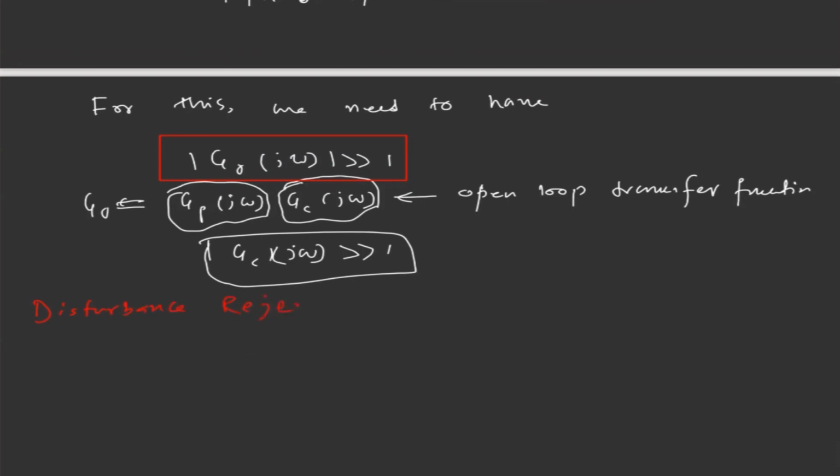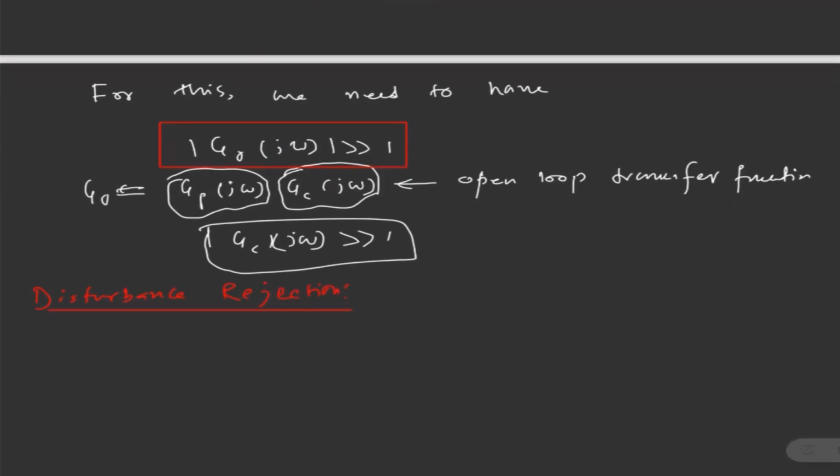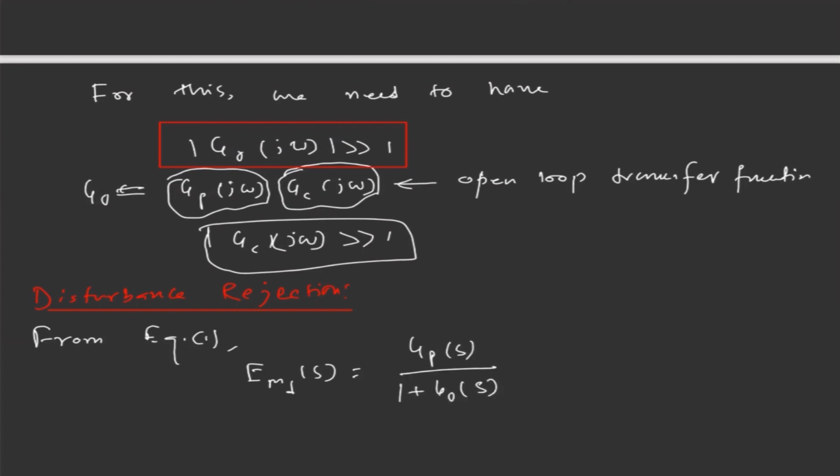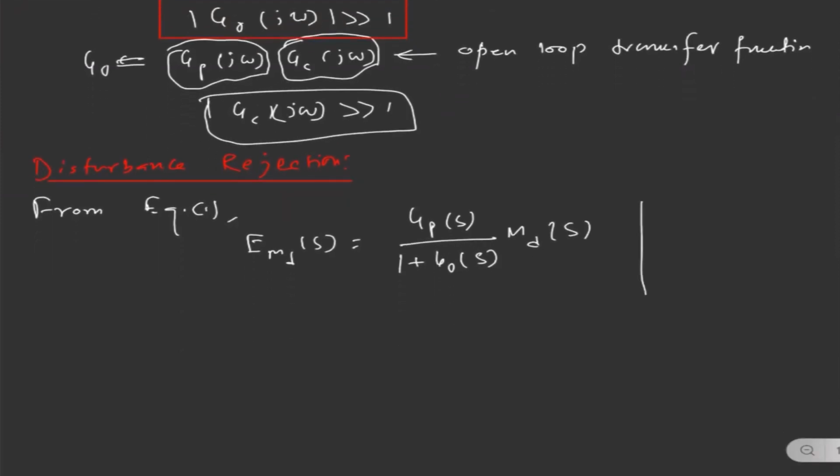From equation 1, we can write E_MD is equal to G_P of S upon 1 plus G naught of S, M_D of S. And we have already mentioned the disturbances are slowly varying signals.